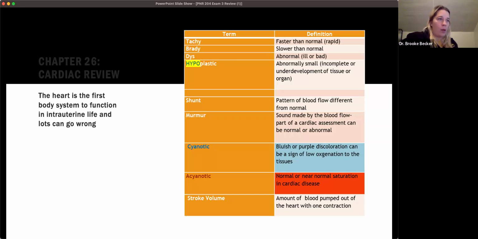Stroke volume is the amount of blood pumped out when the heart contracts. And remember that the cardiac system is the first intrauterine system that's fully developed, so it's very early developed, and there can potentially be a lot of issues with it.